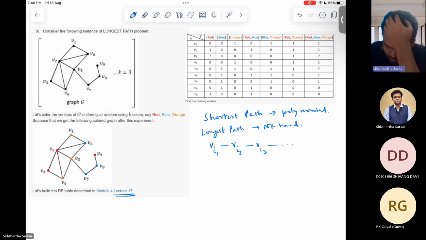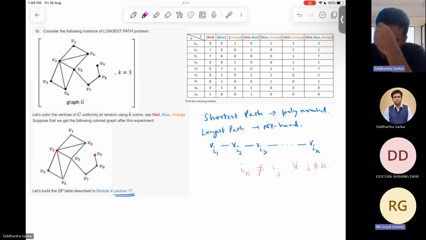So there is an edge between every consecutive vertex, and there are no repeated vertices. So every index is distinct. So P_ik is different from P_ij for all j different from k.